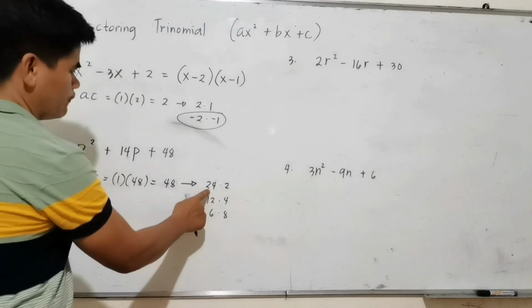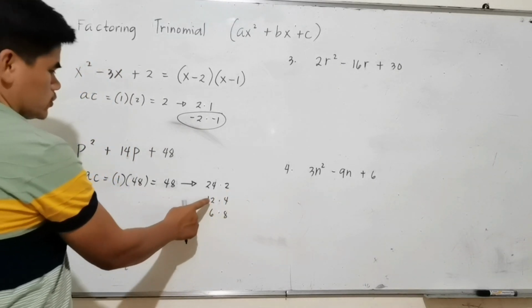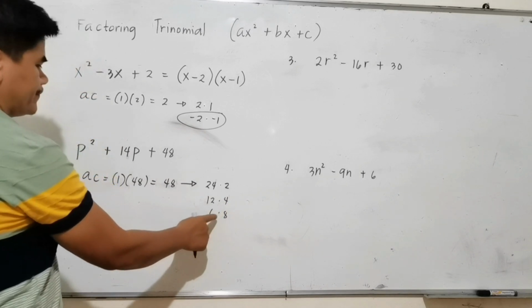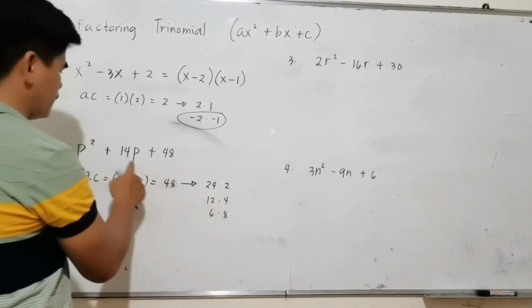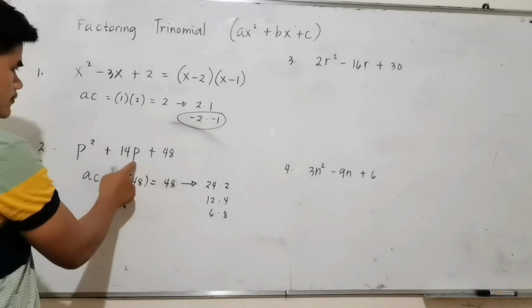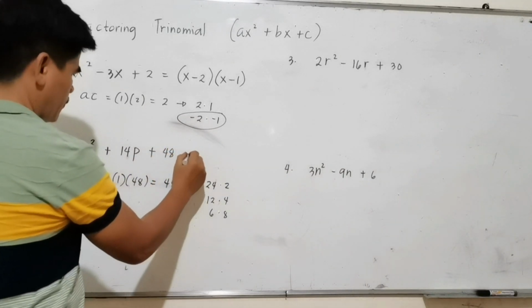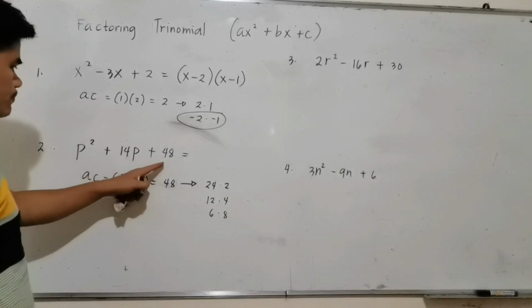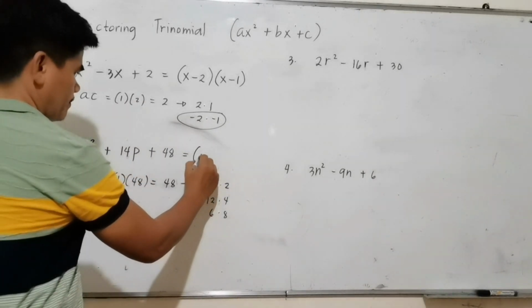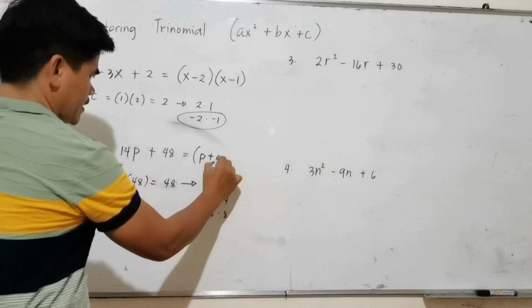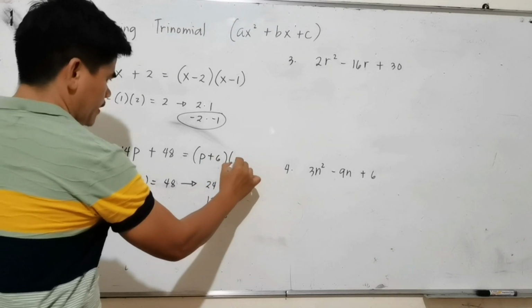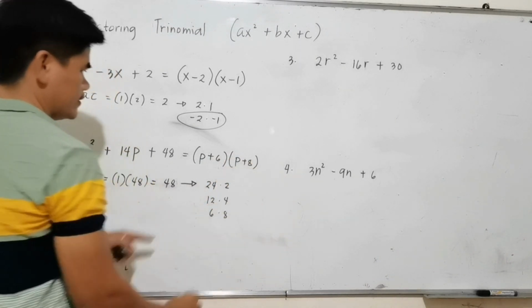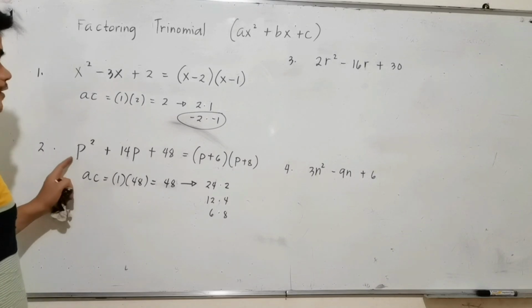Let us try. 24 plus 2 is 26. 12 plus 4 is 16. 6 plus 8 is 14. And that satisfies the middle term. So therefore, the factor for this trinomial, p squared plus 14p plus 48, is p plus 6 and p plus 8. These are the factors of this trinomial.